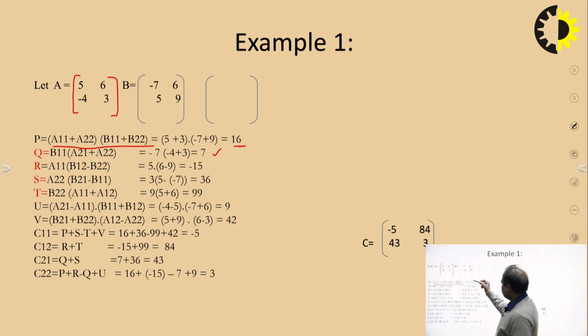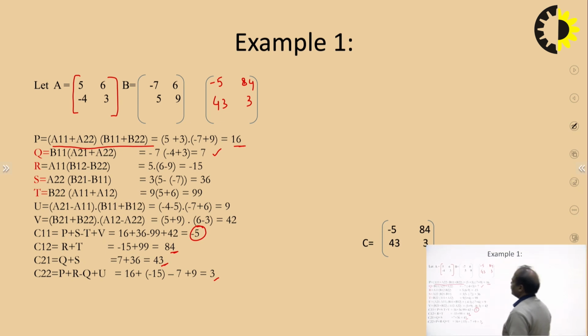After computing the individual matrices, you will see that C11 is minus 5, C12 is 84, C21 is 43, and C22 is going to be 3.